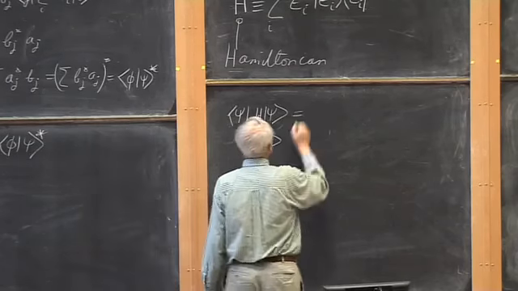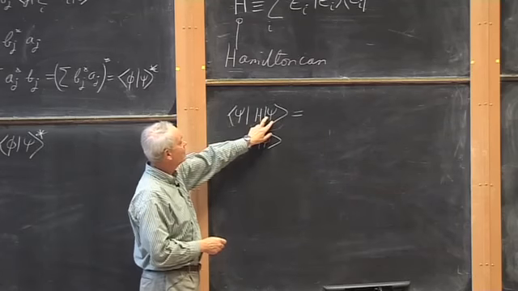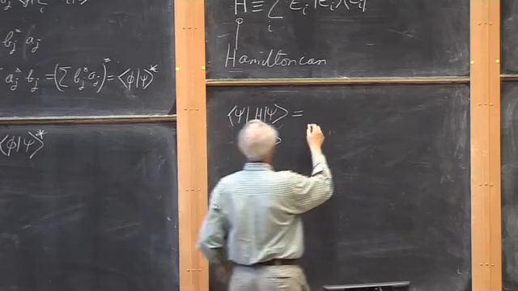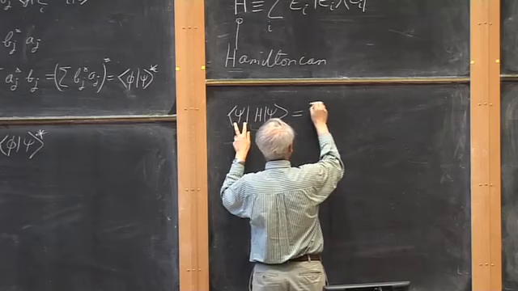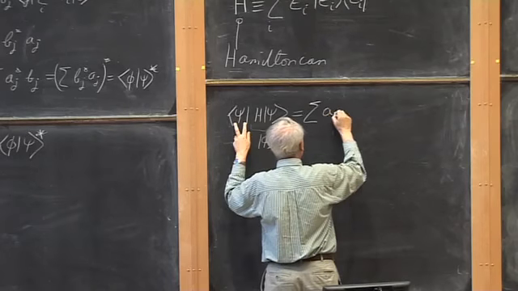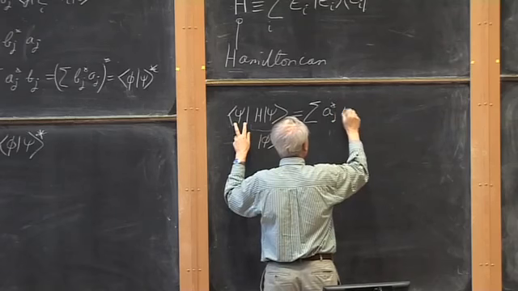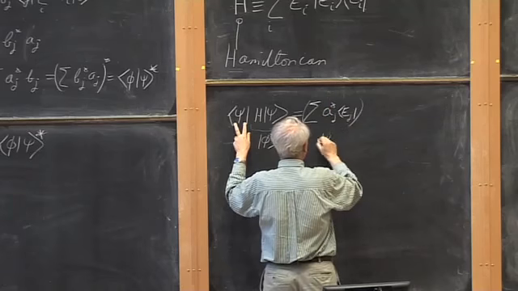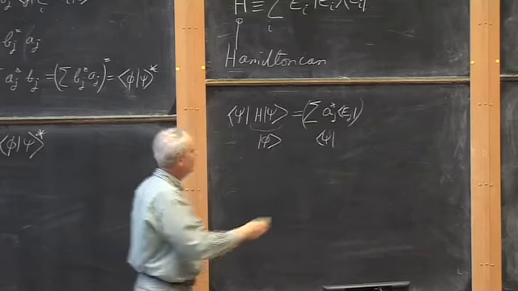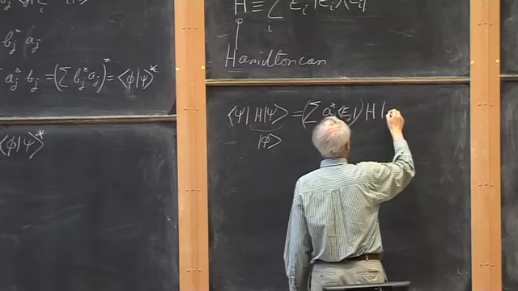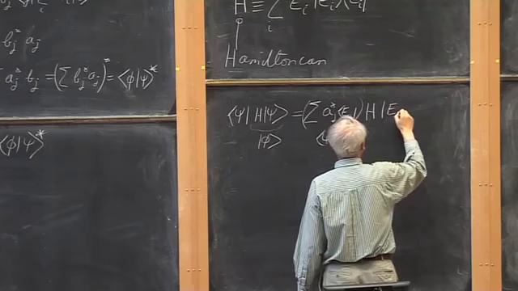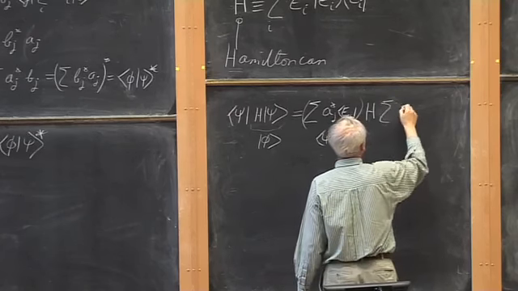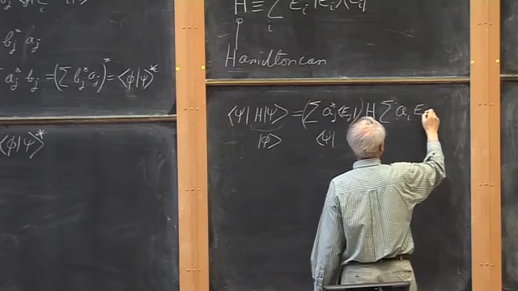Let's find out which complex number by putting in for psi its expansion, sum ai |Ei>. So what we're going to do now is replace both of these by their expansions. So on the left here, I'm going to have aj* <Ej|. So that is psi the bra. Then I have H, and then I have the sum ai |Ei>.